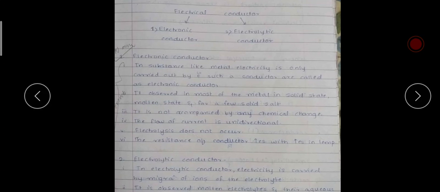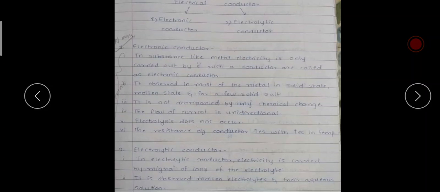First point is the definition. In the same way, in the electrolytic conductor, electricity is carried by the migration of the ions of the electrolyte. The second point: the electronic conductor is observed in most metals in the solid state, molten state, and for a few solid salts, whereas the electrolytic conductor is observed in molten electrolytes and their aqueous solution. This is the major difference.